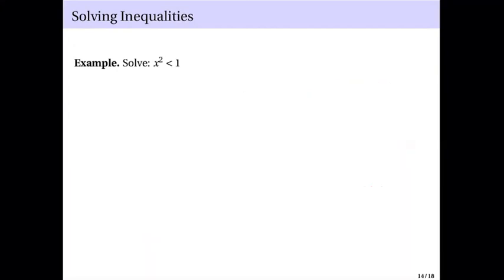Next, we have here x squared less than 1. Now, listen very carefully. For this, if you simplify it, you will still end up with a quadratic expression. Now, how do you solve this?